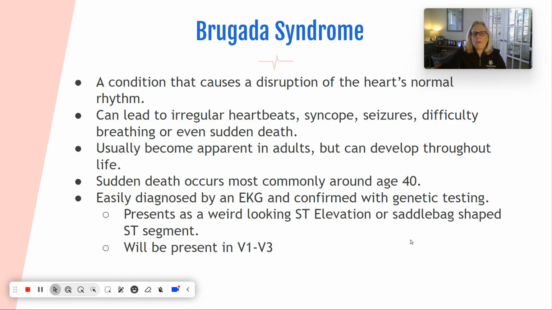All right, so Brugada. I actually have a friend with Brugada, diagnosed pretty young, at 40. It's one of those things that could run in the family, doesn't have to, but it can cause sudden death.